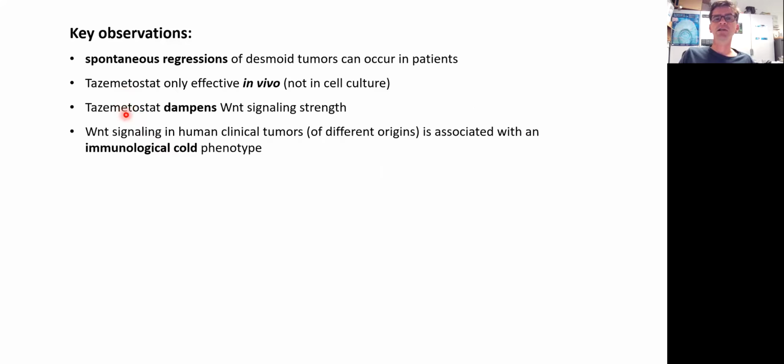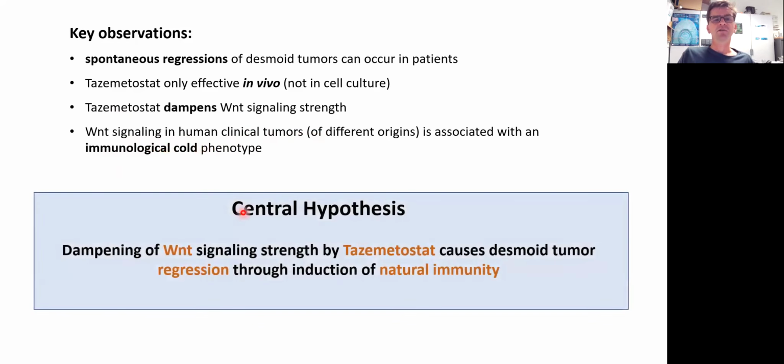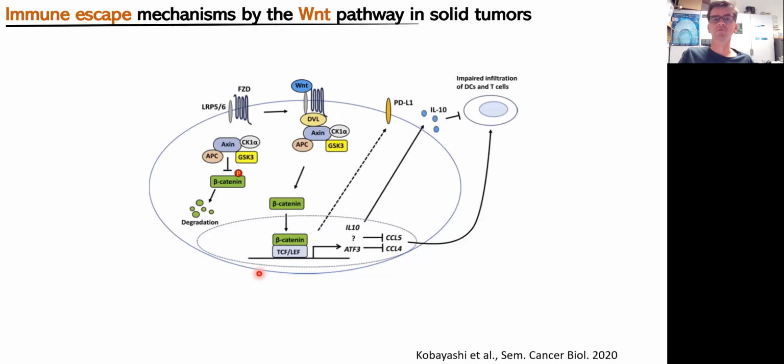Third, tazemetostat dampens the Wnt signaling strength. And finally, Wnt signaling has recently been associated with a so-called immunologically cold phenotype in solid tumors. So this brings us to the central hypothesis that the dampening of Wnt signaling strength by tazemetostat causes desmoid tumor regression via the induction of natural immunity.